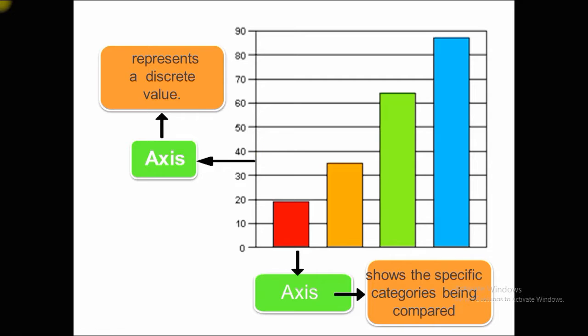In this simple bar chart, along the horizontal axis we put the specific category being compared, and along the vertical axis we represent the discrete values of the quantities. But it is important to note that to determine the discrete range, find the largest value in the given data.